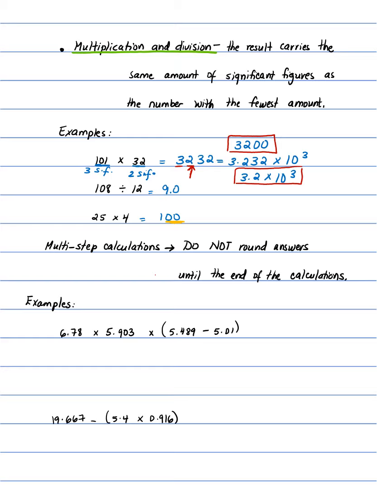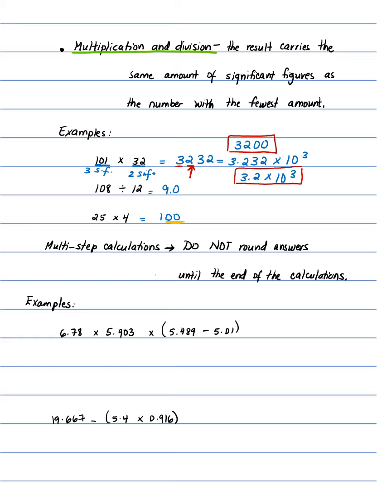Now I have here two examples that are combining different mathematical operations. So you have to actually apply the rule for addition, subtraction, and also the rule for multiplication and division. So when you're solving a problem like this, you will see that I'm going to write down my numbers, all of them.